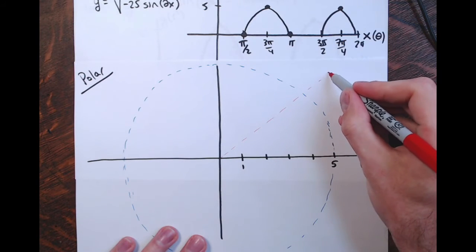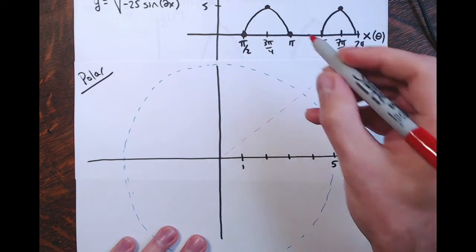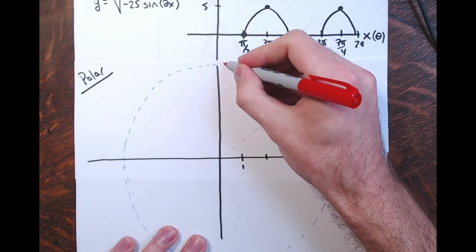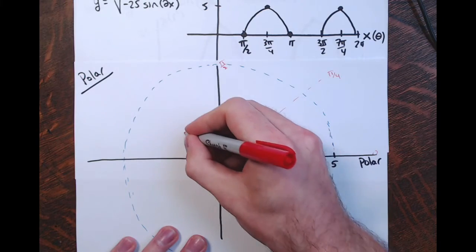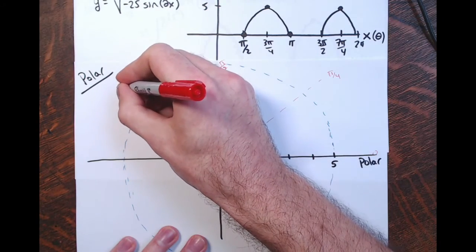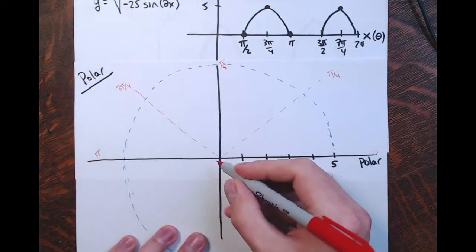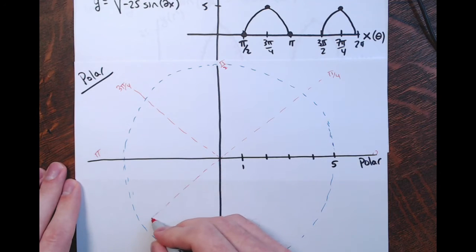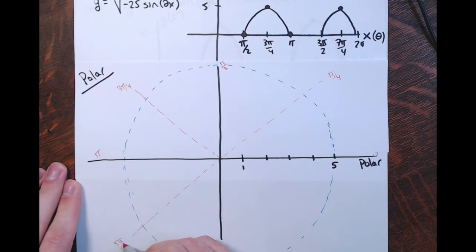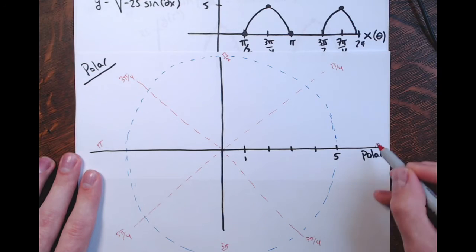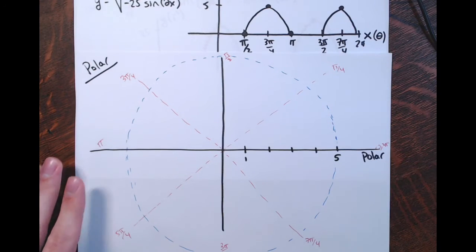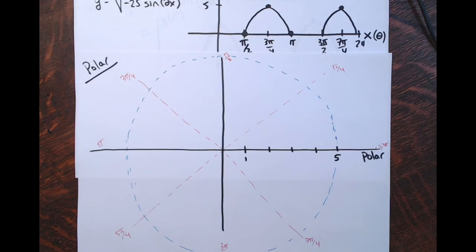There's theta equals 0, pi over 4, pi over 2 for the positive vertical axis, then 3 pi over 4, pi, 5 pi over 4, then 3 pi over 2, 7 pi over 4, and then back to 2 pi.